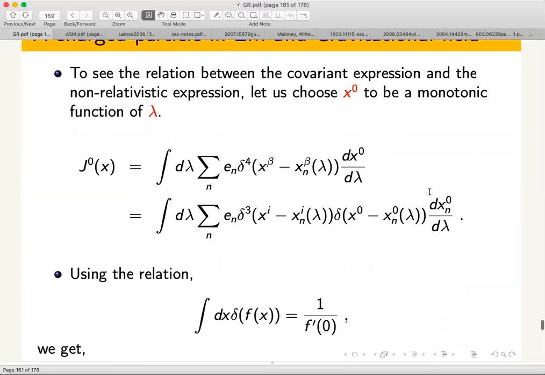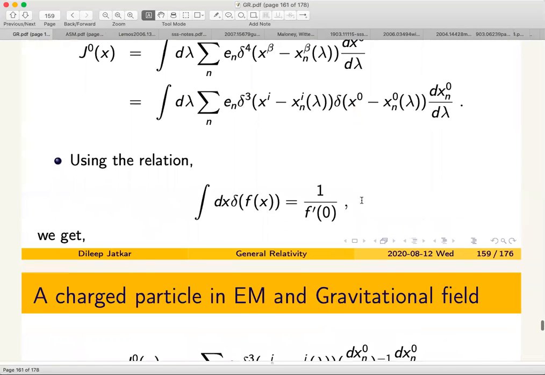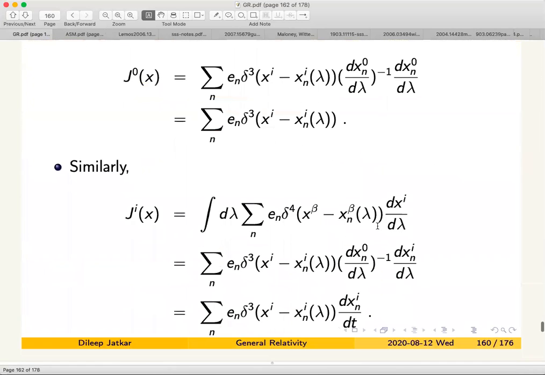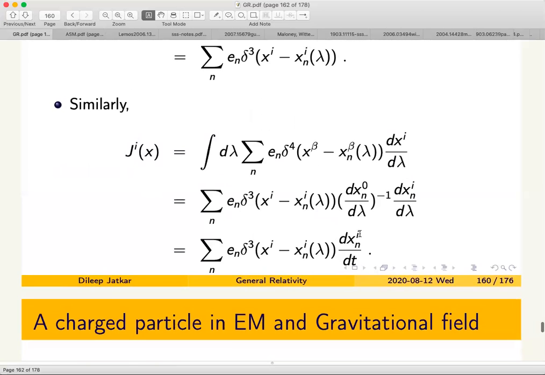Of course one could do a similar thing with the spatial component of the currents, and in that case you get dxi by d lambda. It's the same typo because I copied it, I think. But now what you get is that the delta function corresponding to the x naught component still gives you dx0n by d lambda inverse, and just by using the chain rule you can write that in terms of dxi by dt, which are the velocity functions.